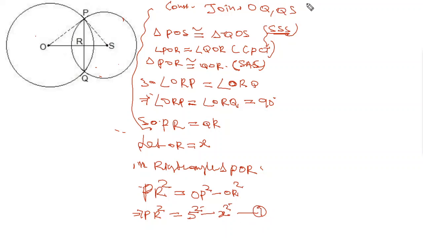Then we'll write here again PR square. Again PRS is a right angle triangle, so PR square will be equal to PS square minus RS square.